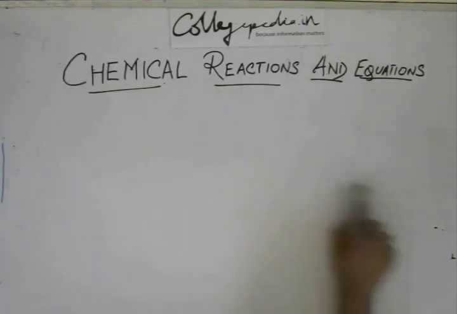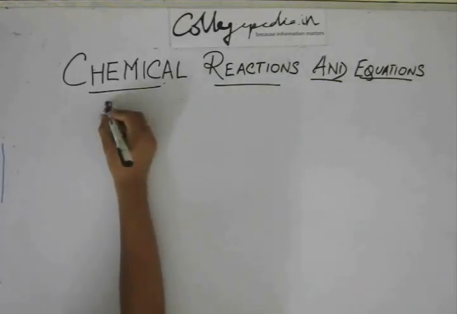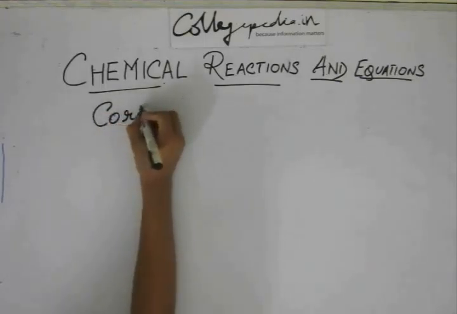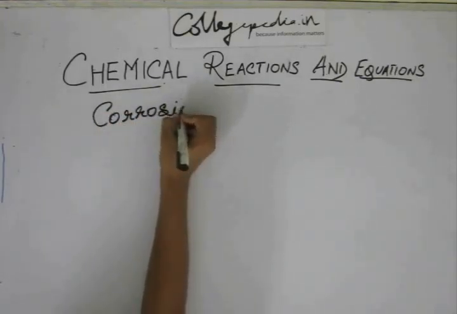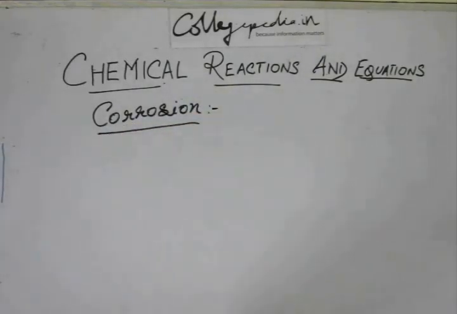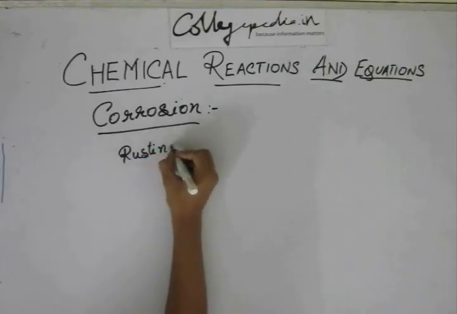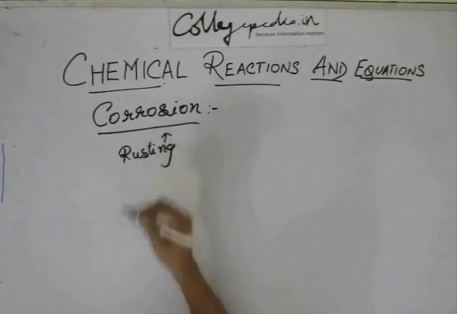We have finished with types of reactions. Now we go on to a topic called corrosion. You must have heard this name, corrosion, because you might have heard that iron gets corroded, there is rusting of iron. This rusting is nothing but corrosion.